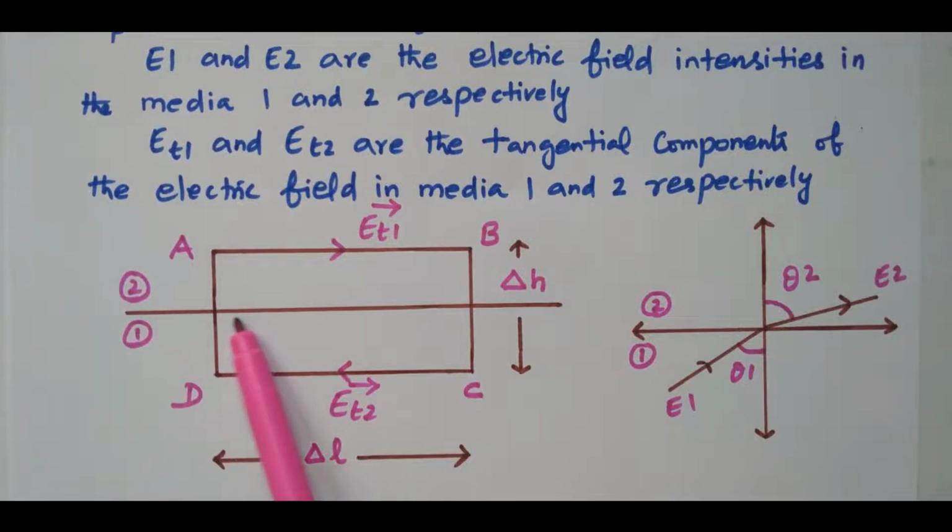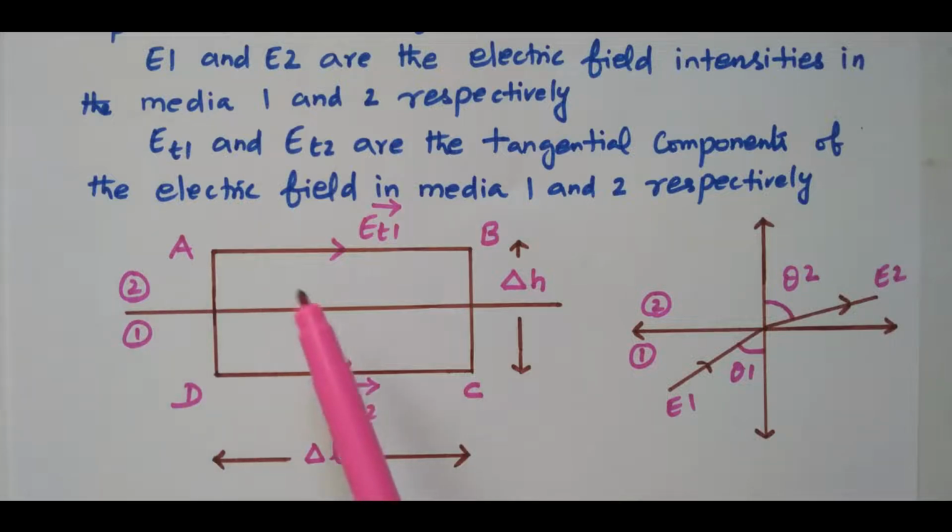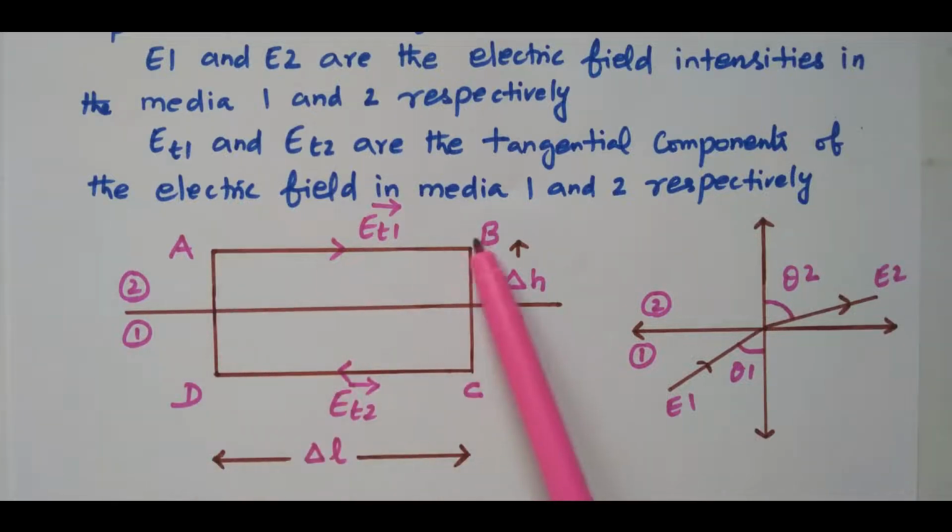This line is the boundary between the first dielectric and second dielectric. We have one closed rectangular path A, B, C, D, A, such that it encloses both dielectrics. A, B are in dielectric 2, C, D are in dielectric 1. The height is delta H, the length is delta L.